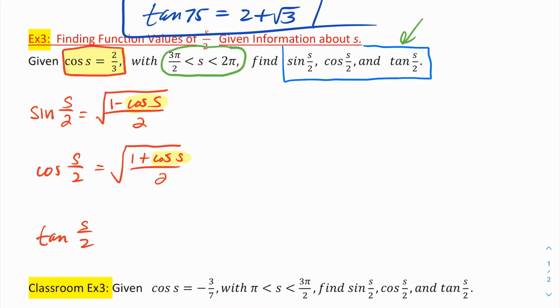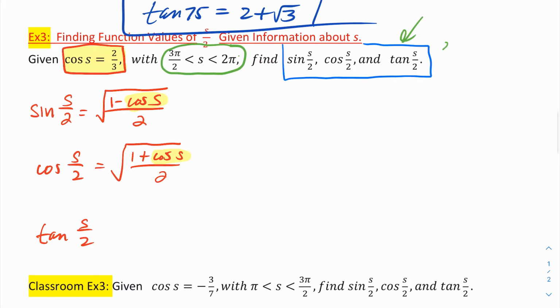So I'm going to rewrite this here, where s is, but we don't care where s is, we care where s over 2 is. We care where the half angle is, not where the full angle is. So how do we do that? So we take the full angle, 3 pi over 2 is 270. 2 pi is equal to 360. So this is equivalent to this in degrees.